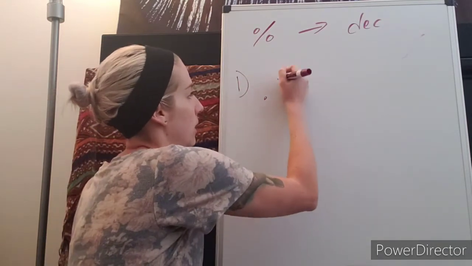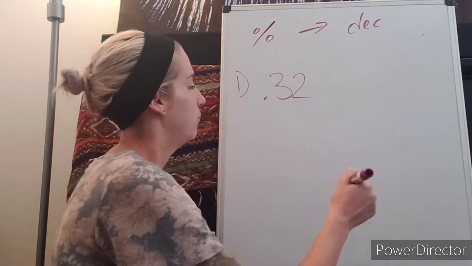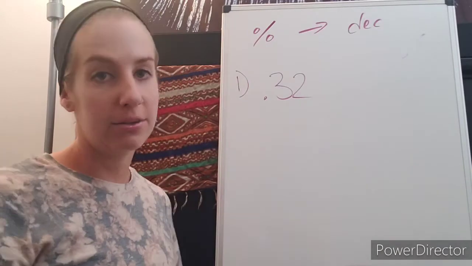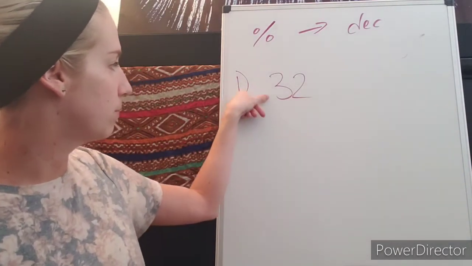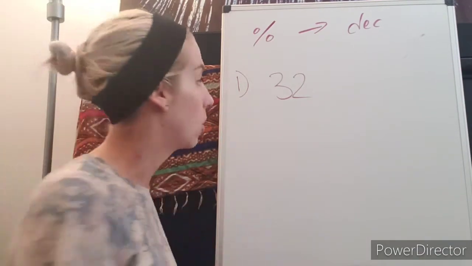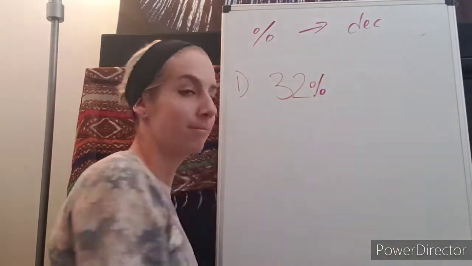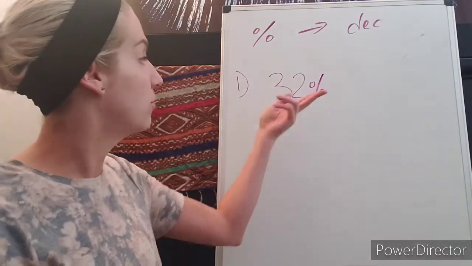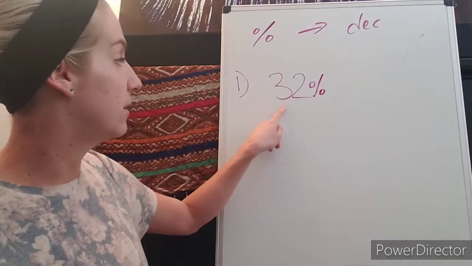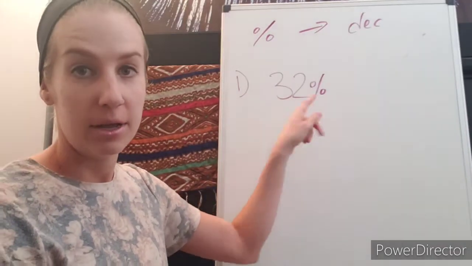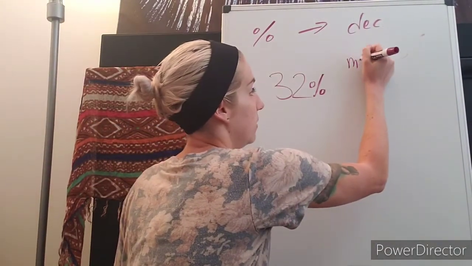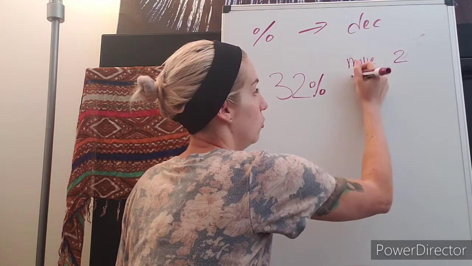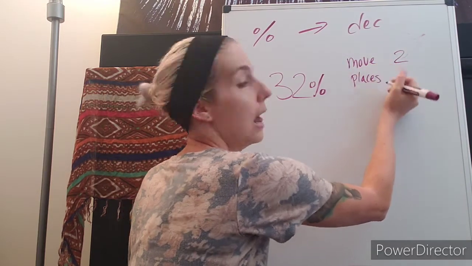Just like before, I have 32%. Last time, I moved my decimal 2 places to the right; now I'm going the other direction. So instead of moving it 2 places to the right, I'm going to move it 2 places to the left.